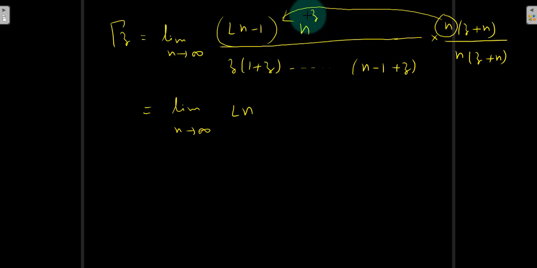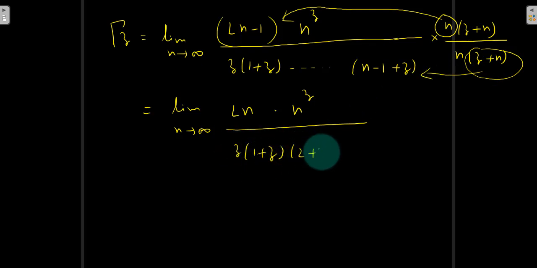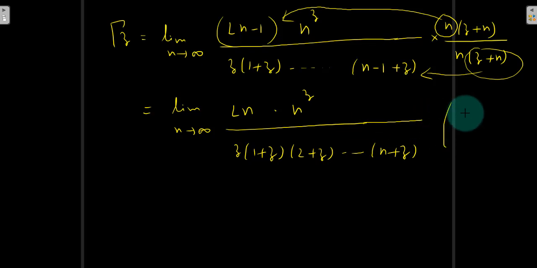Let it be n to the power z, and multiply this term to this, so you get z 1 plus z 2 plus z and so on, n plus z. And the term that is left is z plus n upon n.